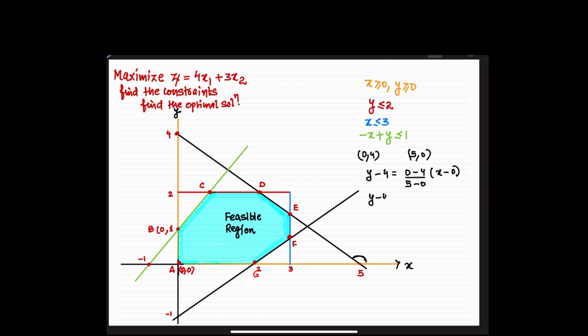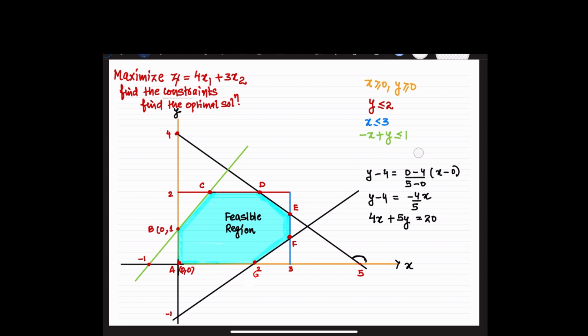So y minus 4 equals minus 4 by 5 multiplied by x. Cross multiplying by 5 and bringing every x to the left hand side, it becomes 4x plus 5y. Sending the constant to the right, it is 20. So this is the equation of that line.